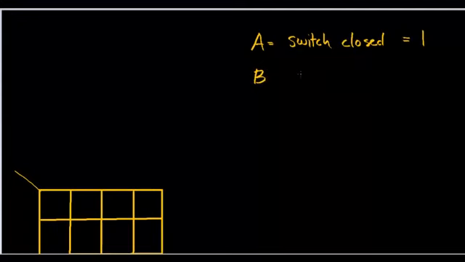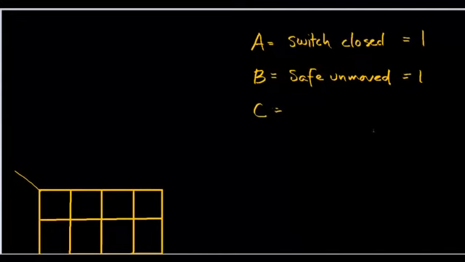We have B, a pressure sensor that lets us know if the safe is in position, so unmoved, and that equals 1 as long as the safe is unmoved.